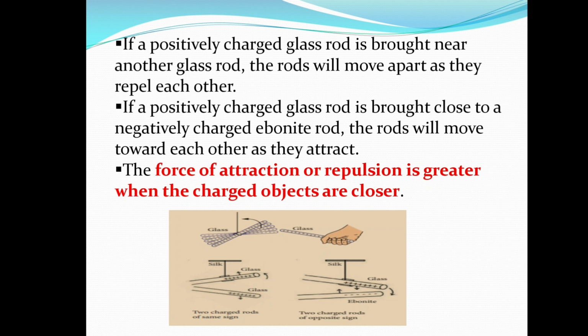If a positively charged glass rod is brought close to a negatively charged ebonite rod, the rods will move toward each other as they attract. The force of attraction or repulsion is greater when the charged objects are closer.